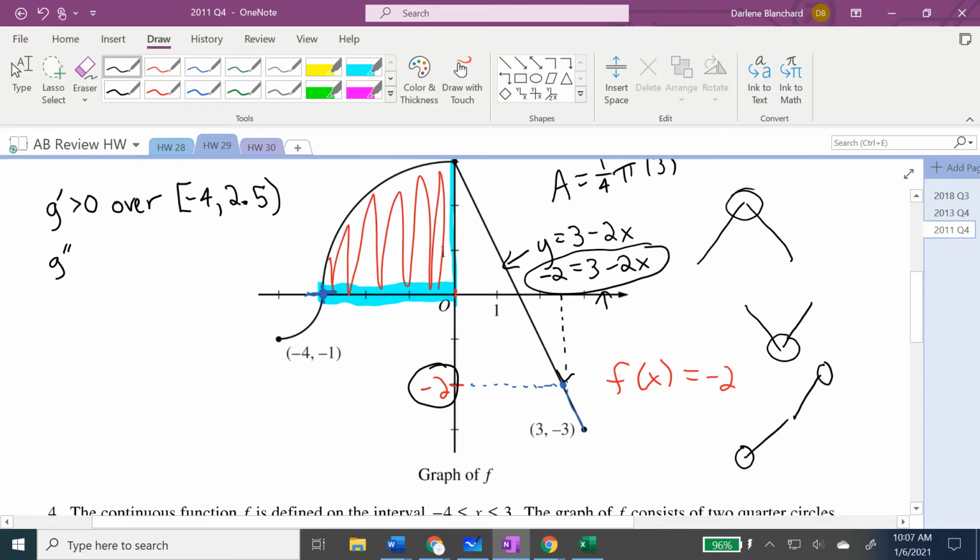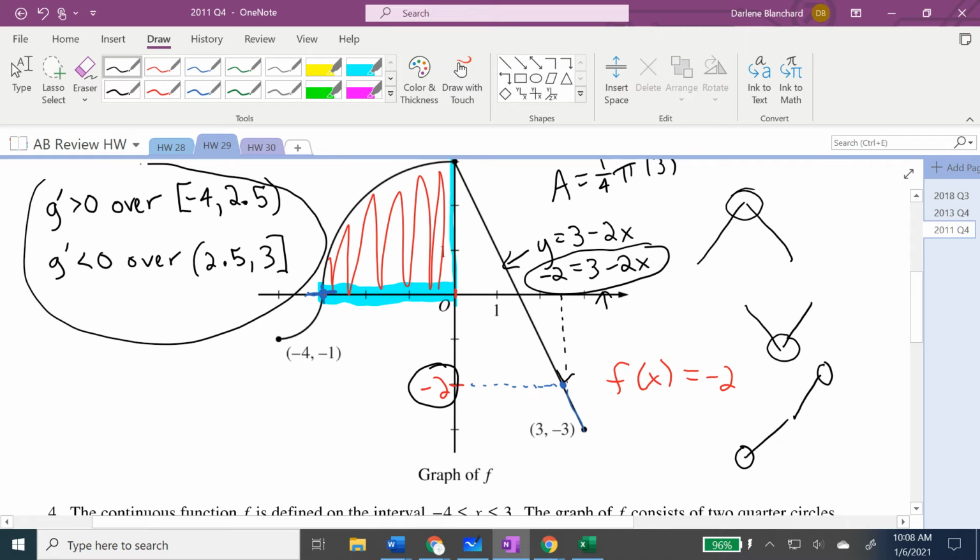Then G prime happens to be a negative number as you go from 2.5 to the x-coordinate 3.